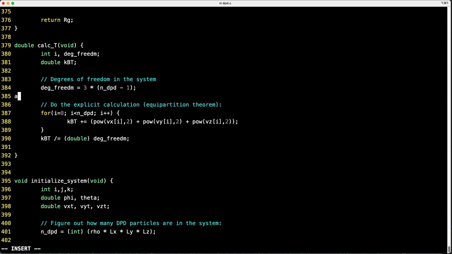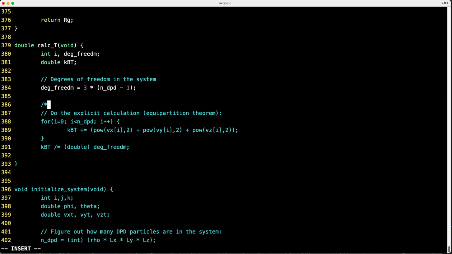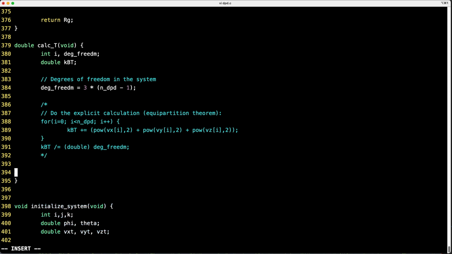But that's kind of wasteful for us. And remember, we're trying to make efficient code. So let's comment that out. So it's in there because it's important, but we've already calculated the kinetic energy. So KBT is actually going to be 2 times the kinetic energy divided by the degrees of freedom.